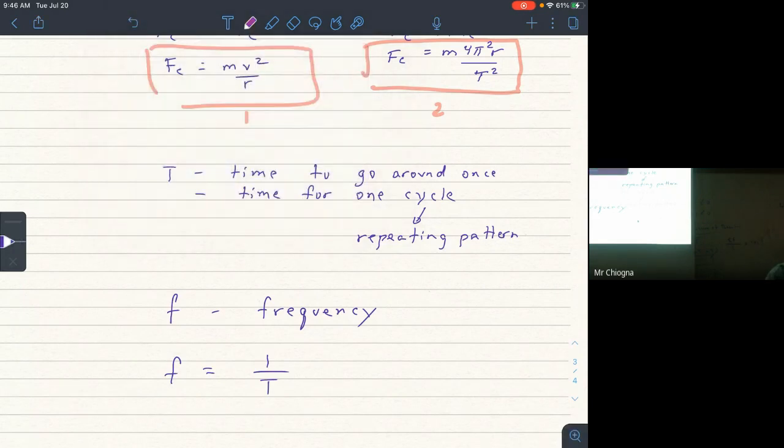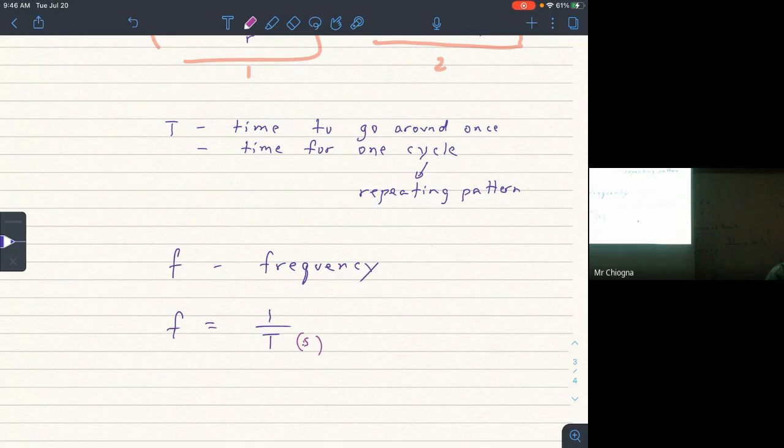The period has units of seconds, so frequency has units of 1 over seconds, or hertz. A hertz is the inverse of a second.